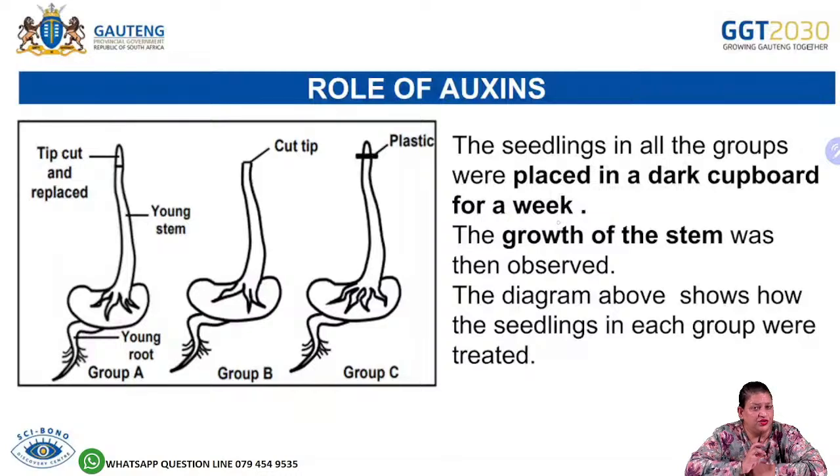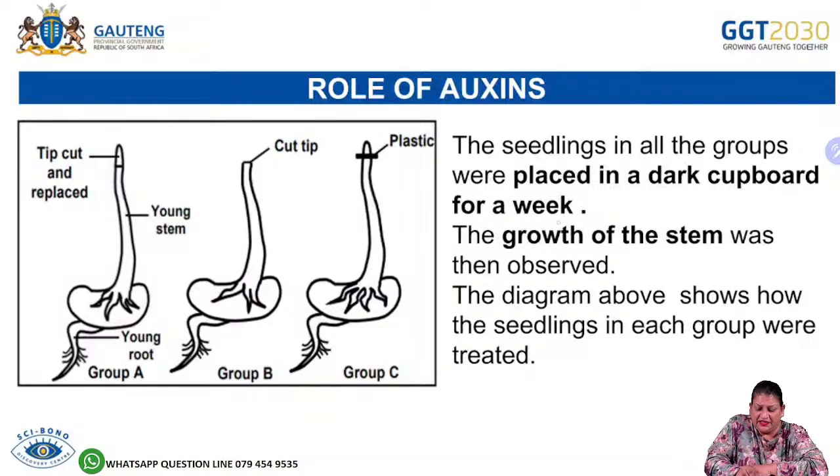I want you to remember one thing, that auxins are sensitive to light and they're also sensitive to gravity. Because they are found in the stem, which is subjected to light, and in the root, subjected to gravity. So the auxins react towards light and they also react towards gravity. So even if there's no light, auxins can still react towards gravity, depending on the position of the plant.